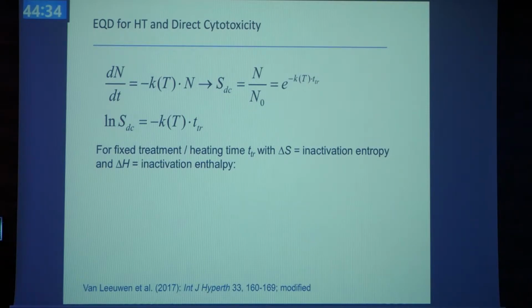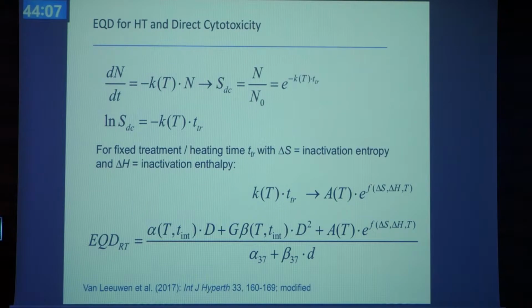In this model, you can bring in some thermodynamics by using the inactivation entropy and the inactivation enthalpy. And when you fix the treatment time, then this product will become a pre-exponential factor, which is a function of temperature, times an exponential function containing the inactivation entropy, inactivation enthalpy, and the temperature.